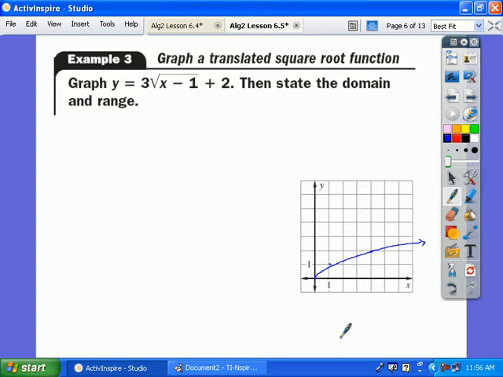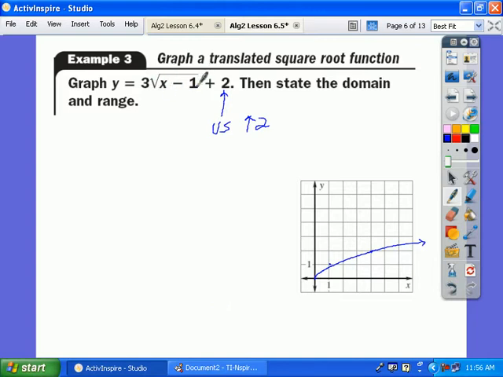How our transformations work. The +2 here at the very end is going to be a vertical shift up 2 units. We've seen that before, right? This -1 underneath the radical, that's going to be a horizontal shift.